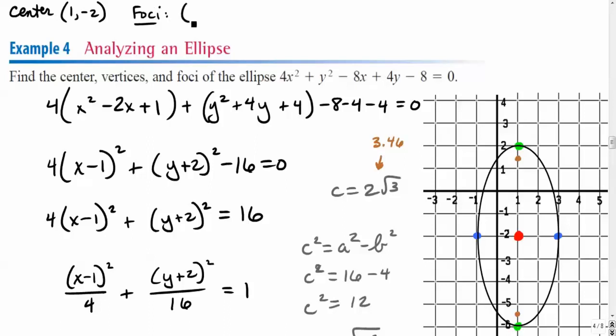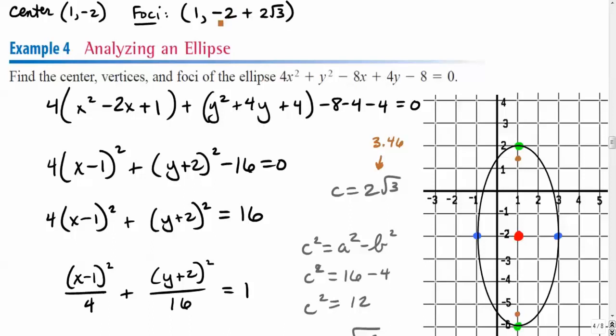Our foci are at 1, and then we've got to go up that many. You can list it a couple different ways. We're going to go 1 to the right, and then I'm going to reference all this in relation to my center. So my center is down 2, and my foci is up 2 radical 3 from that. So it's down 2, up 2 radical 3 from that center.